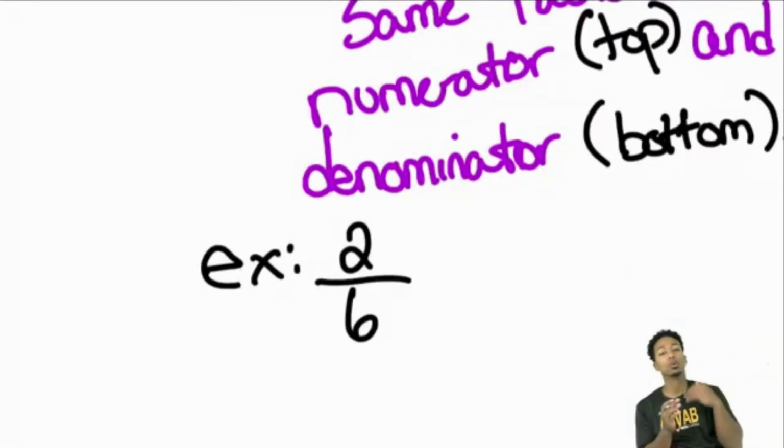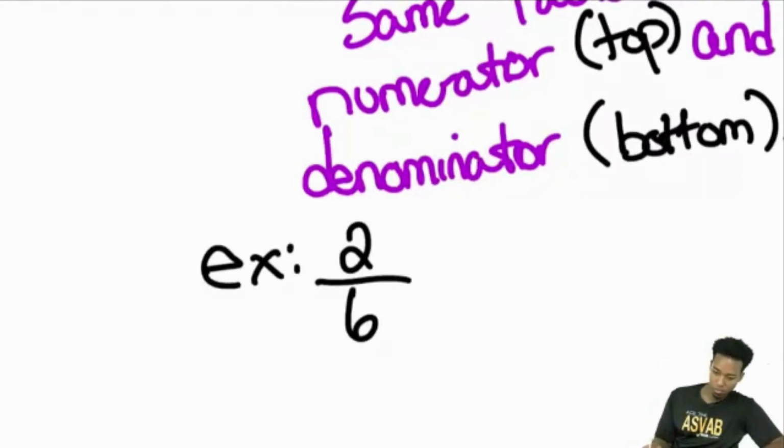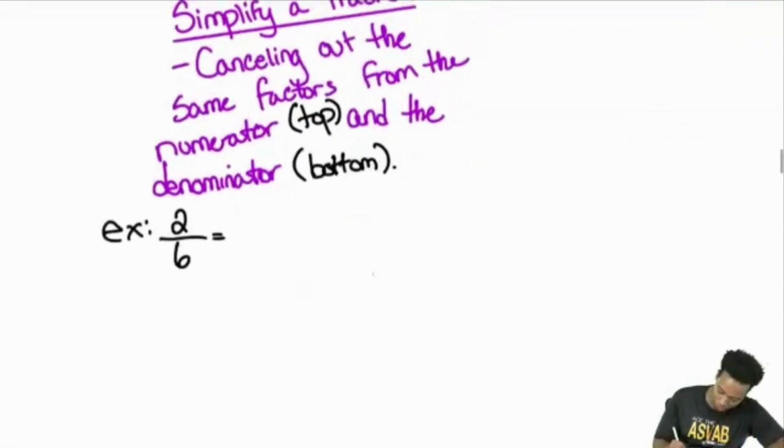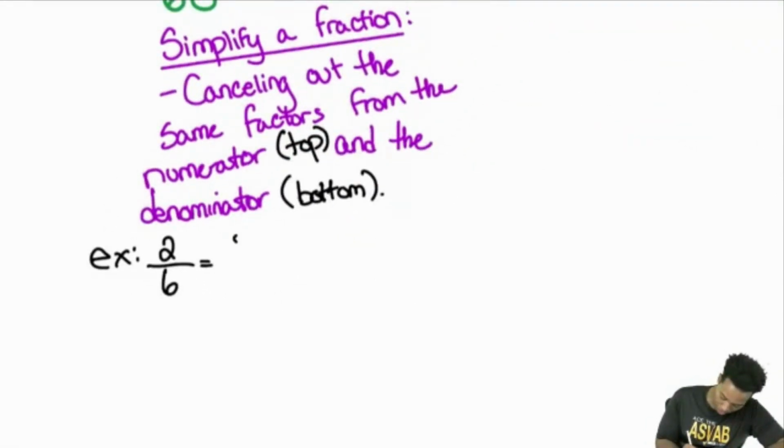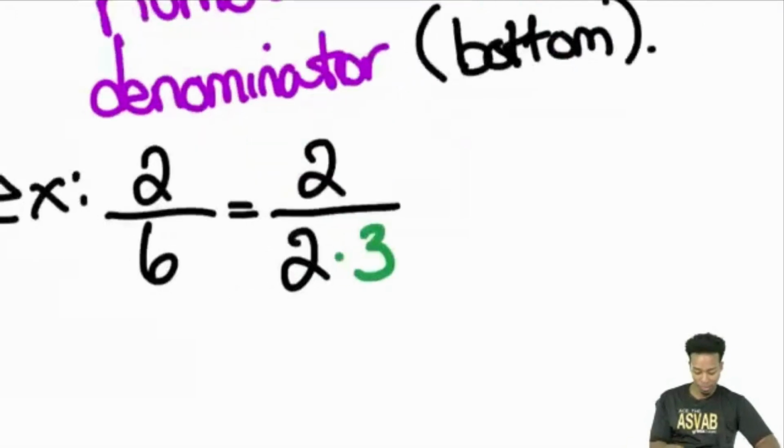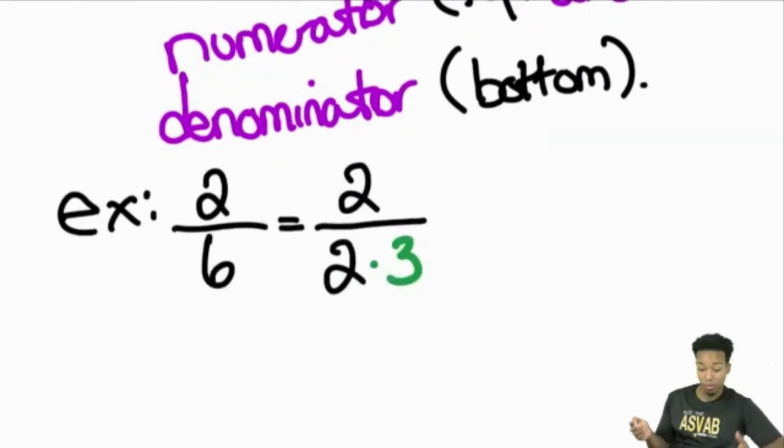Everybody, yes or no, can we agree that 6 is 2 times 3? We can all agree that 6 is the same thing as 2 times 3. So allow me to write this example for us here. We are going to have 2/, and then we can say 2 times 3, because again, 6 is the same thing as 2 times 3.